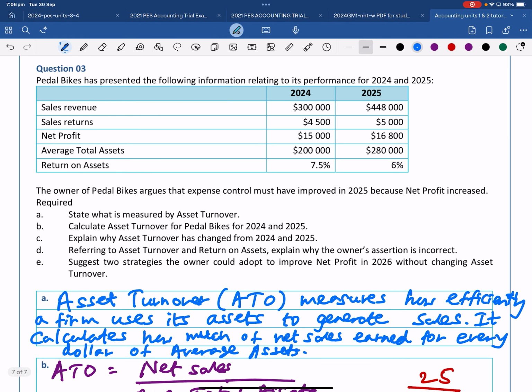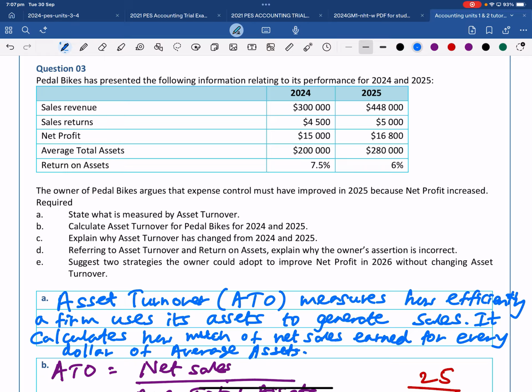And also ROA, what has happened to ROA, guys? See, 7.5% became 6%. Remember we said that with ROA, we are evaluating the business's ability to generate profits compared to their assets. And their ability to generate sales compared to their assets has improved, right?